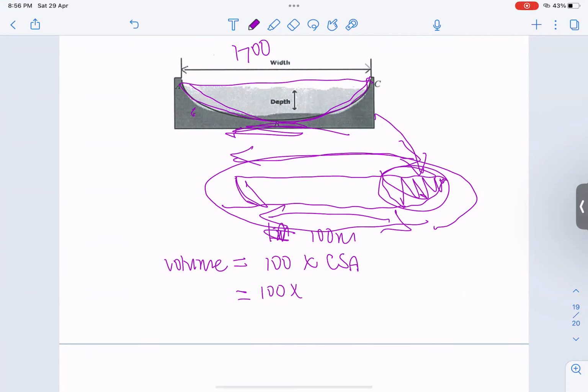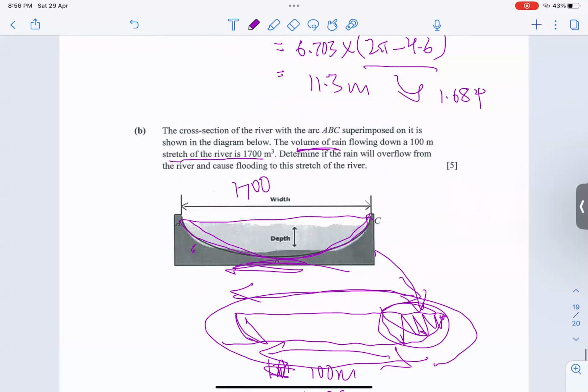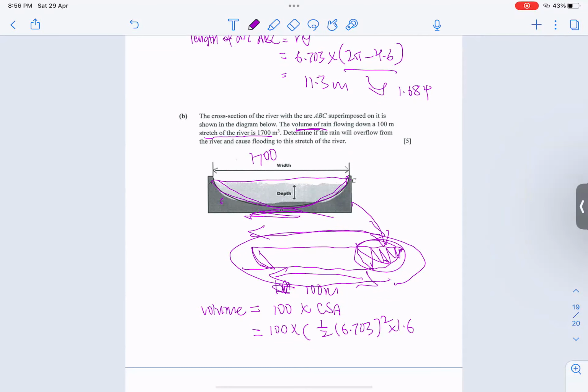100 times r squared, 6.703 squared times theta. Just now over here, you can simplify. You calculate it out, it is 1.684. So half r squared theta, 1.684, minus half r squared sine theta. Half r squared again, sine theta.